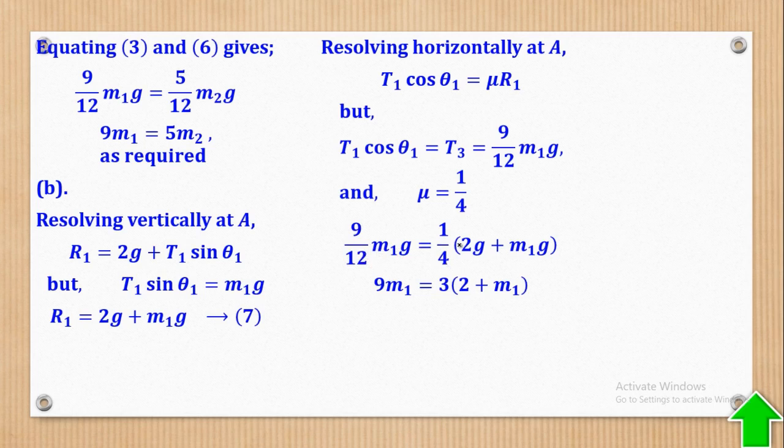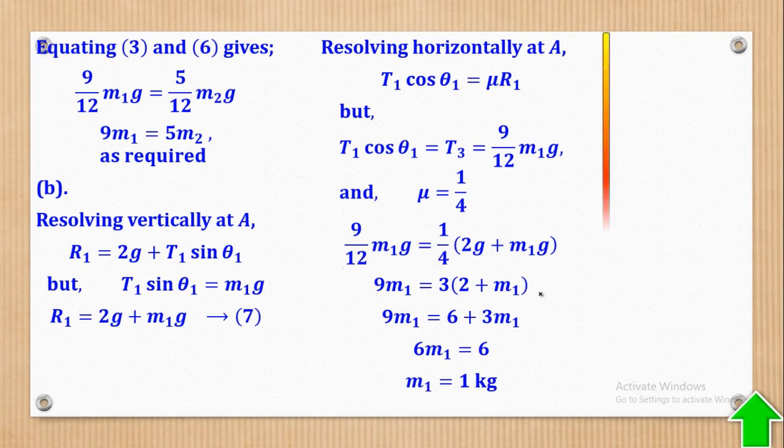So when I reduce this by this to give me 3 here, I can bring this 3 this side to come up with this, and this 9 remains there. Then when I open brackets, I'll come up with that, and I realize that it's only M1 which is the only unknown. Therefore M1 can be got, and it will be equal to 1 kilogram. So basically that's what they wanted.